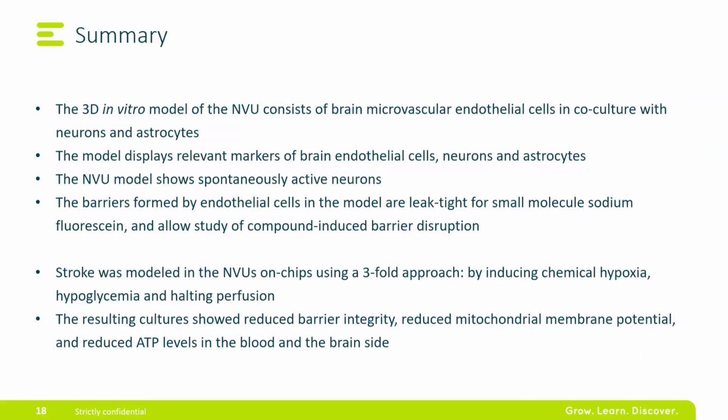And then the resulting cultures that I showed to you today showed a reduced barrier integrity, a reduced mitochondrial membrane potential, as well as reduced ATP levels. So we really believe that with this model, we are able to give a good representation of what actually happens physiologically after stroke, and to then use this model to test for better therapies.